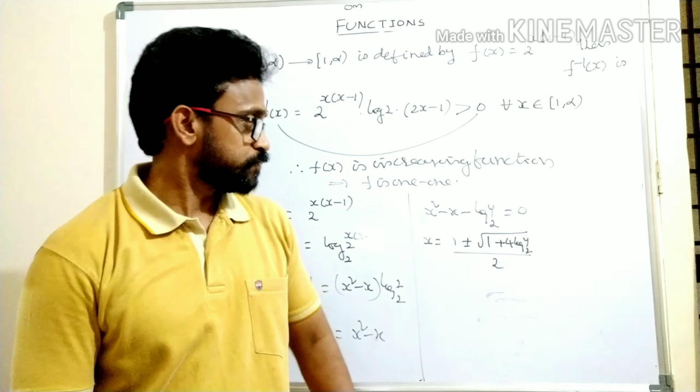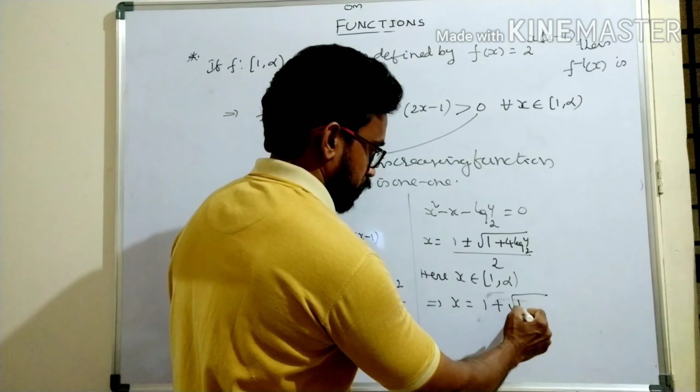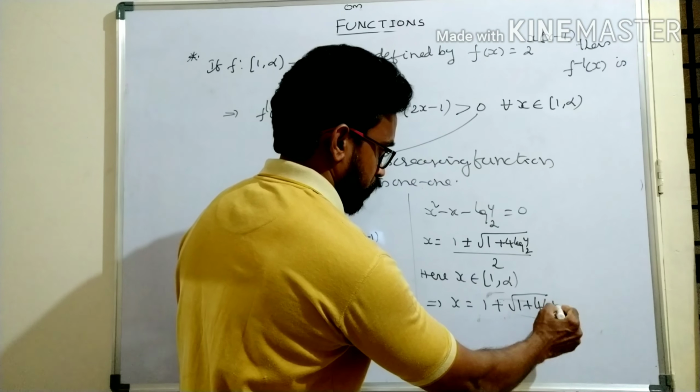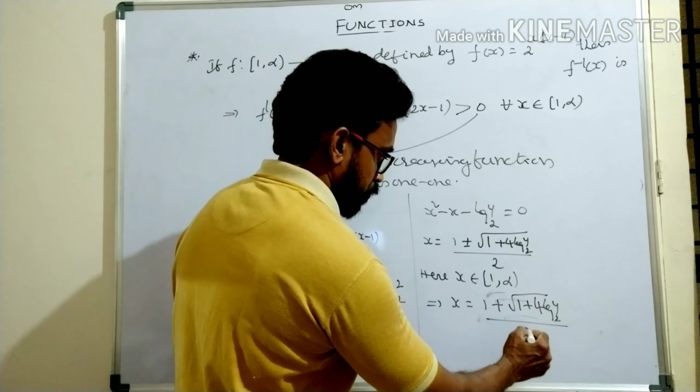That implies x is equal to 1 plus root of 1 plus 4 log y to the base 2, by 2. Here we reject the negative sign. Why? Because if we take the negative sign, this value does not exist in this interval, since x is greater than or equal to 1. That's why we reject the negative sign. Then x is equal to this one.